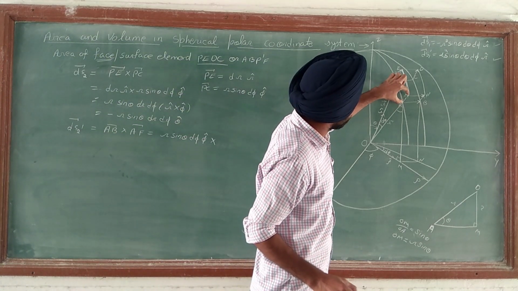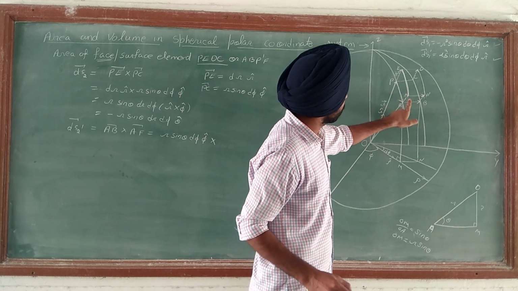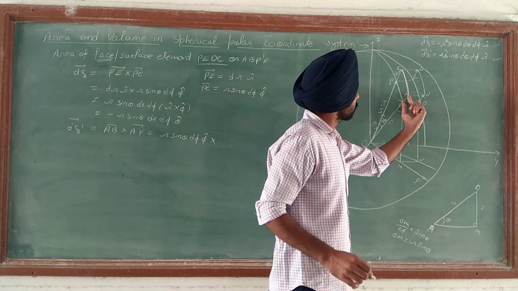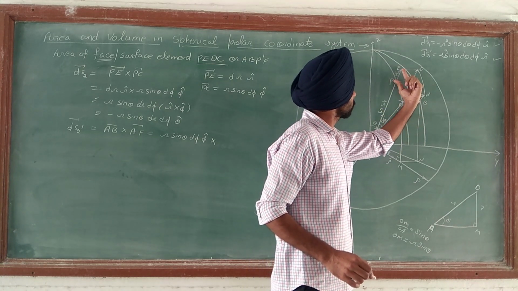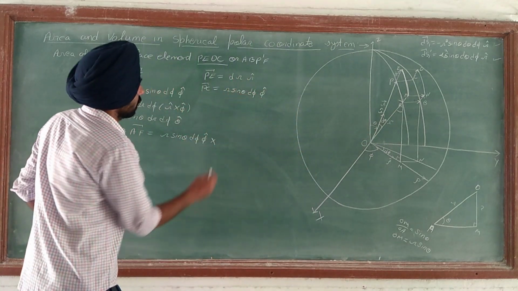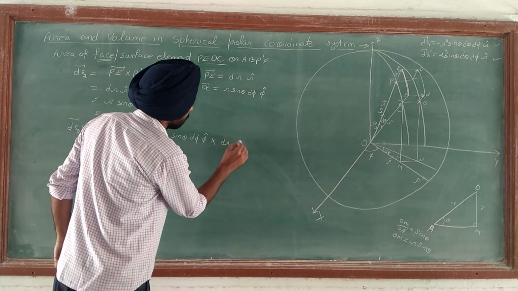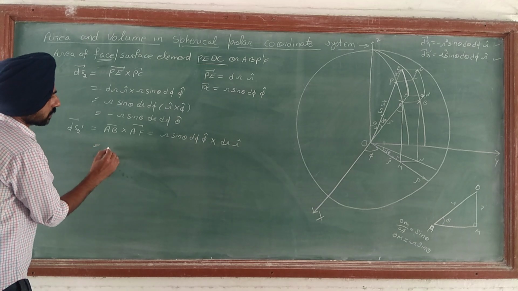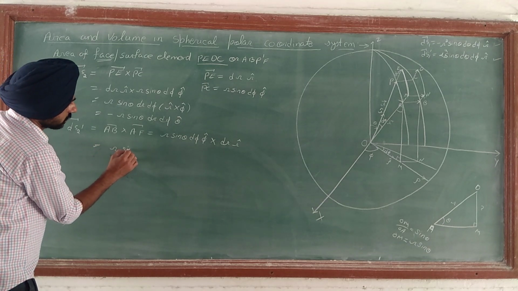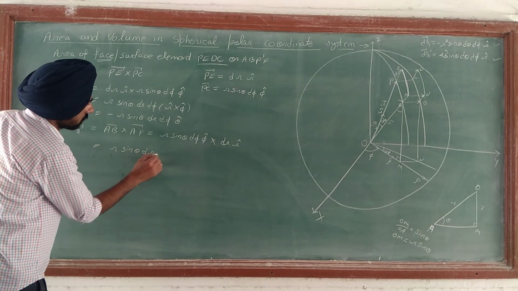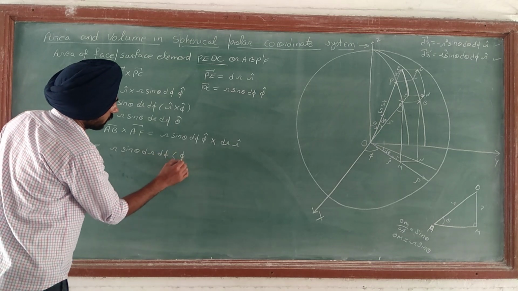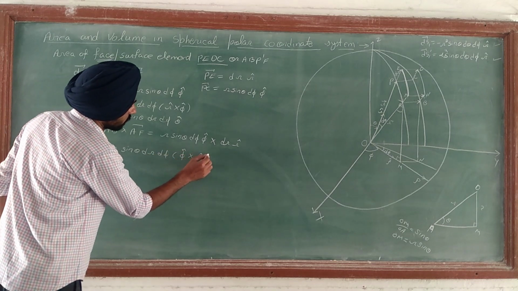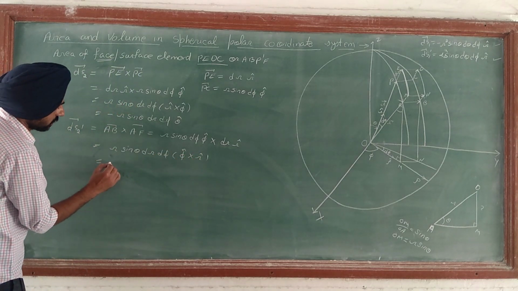This AF is due to small change dr, so this is equal to PE. P is dr r cap. So it will be R sin theta dr d phi cap cross r cap. Phi cap cross r cap is theta cap.